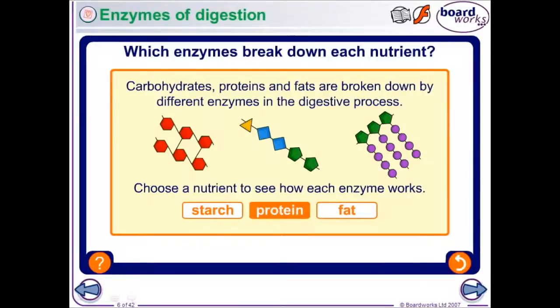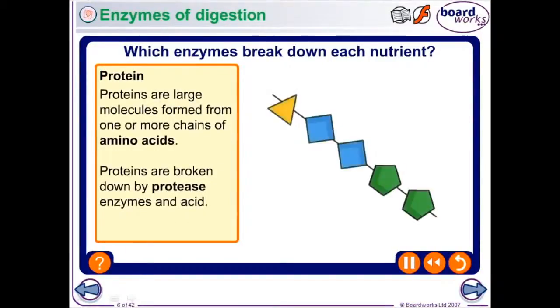Next, we'll have a quick look at proteins. Now proteins are big long chains of little molecules called amino acids. Different proteins are made up of different amino acids in different orders. Therefore we need loads of enzymes to help us break down the different proteins.